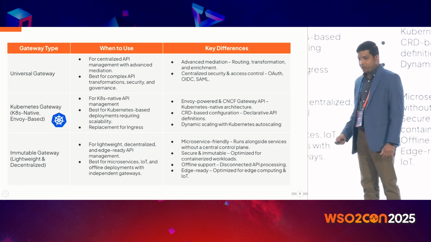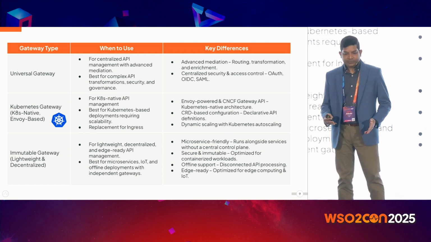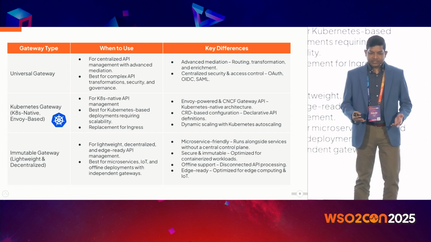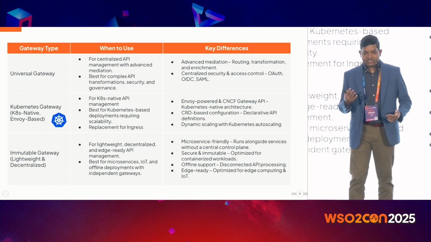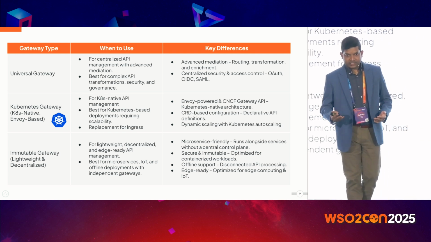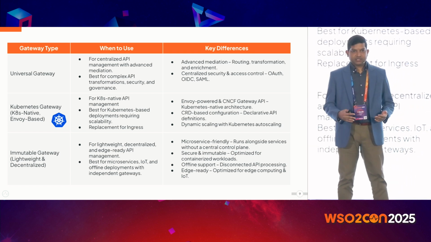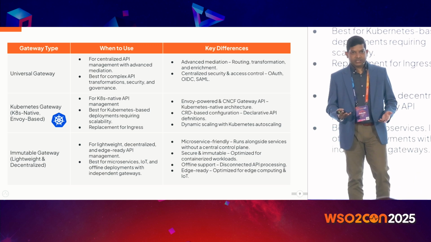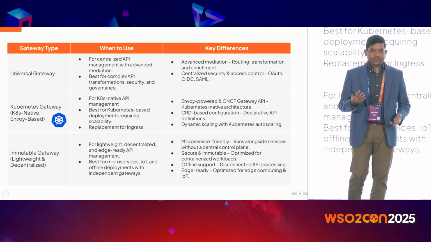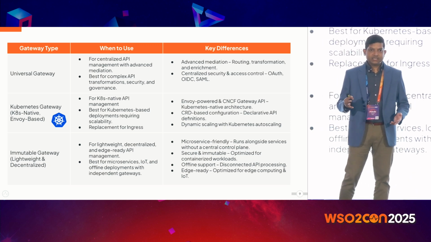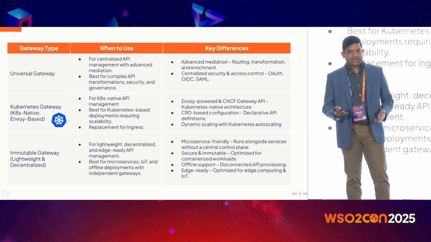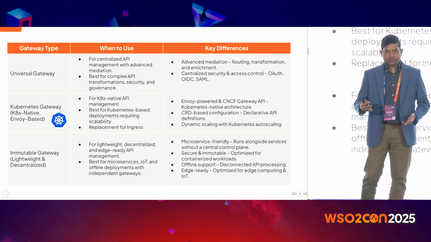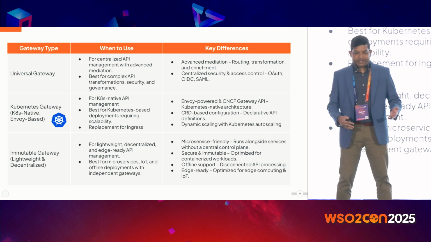If you look at the Kubernetes gateway, which is the Envoy-based gateway, it is more Kubernetes friendly. We have first-class support for the Kubernetes ecosystem, where you can define APIs using CRDs, known as custom resource definitions, in a declarative way.